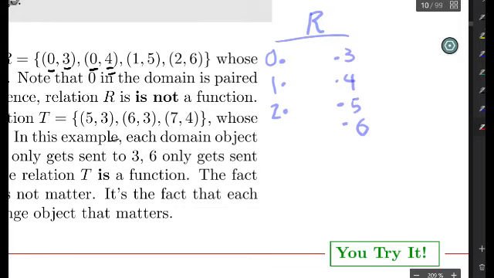Note that 0 maps to 3 and 4. 1 maps to 5. 2 maps to 6. So here, this is not a function.